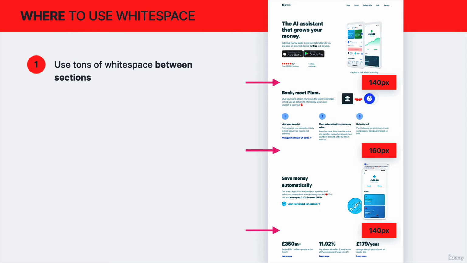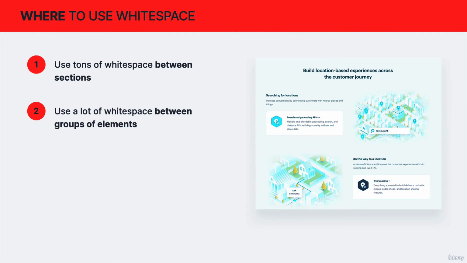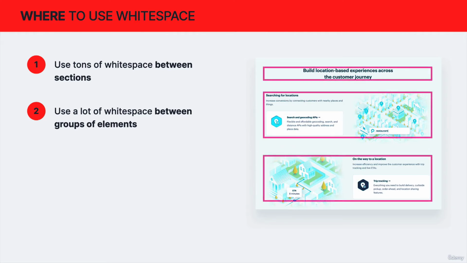Okay. Now, the next place where you need to use white space is between groups of elements. So use a lot of white space there as well, but of course, not as much white space as between sections. So here, for example, we have these different groups of elements, which we can clearly outline. And so between these, there is some white space, of course.